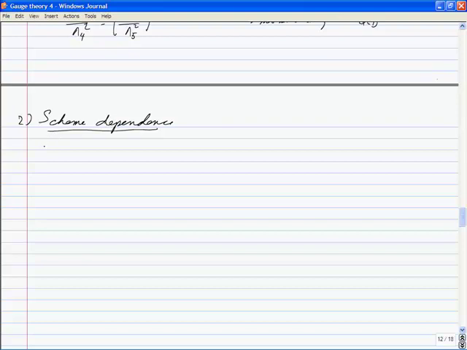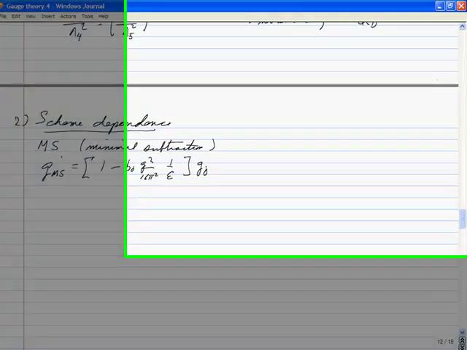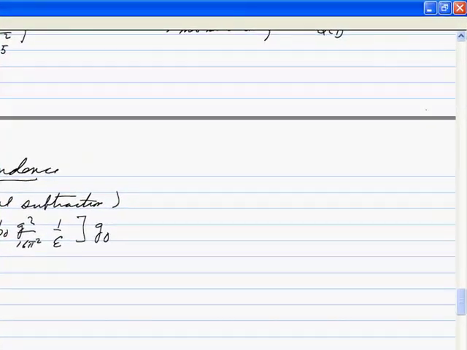So examples of different schemes are the minimal subtraction scheme, MS. You'd have G_MS equals 1 minus B0 G squared over 16 pi squared times 1 over epsilon, times G0. In this case, you only absorb the 1 over epsilon piece.